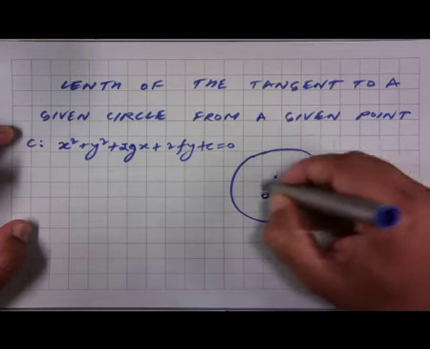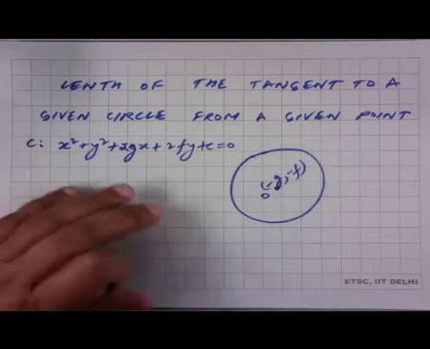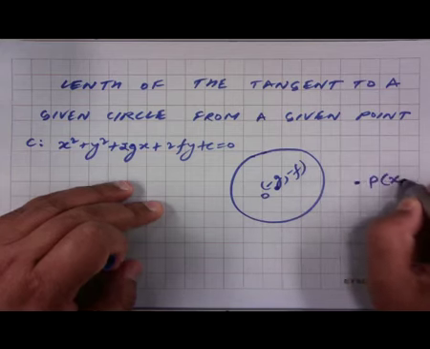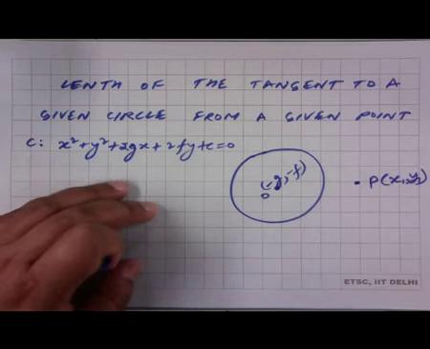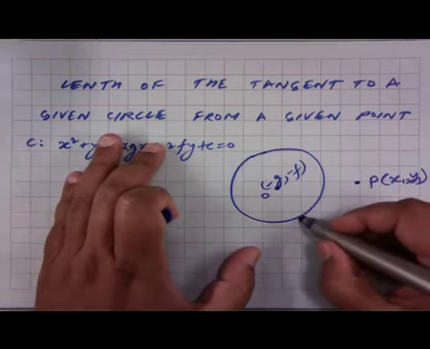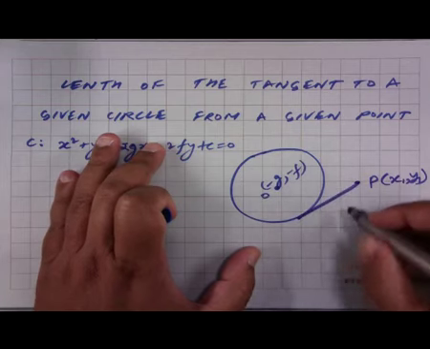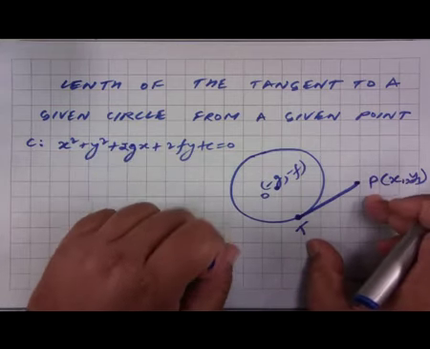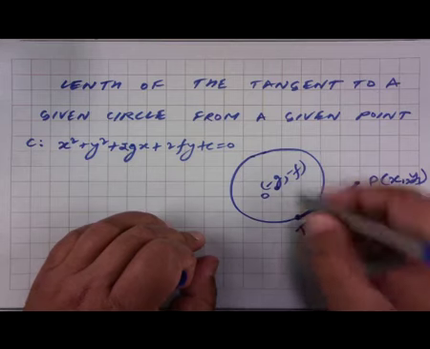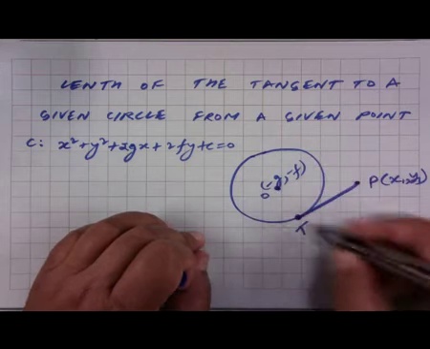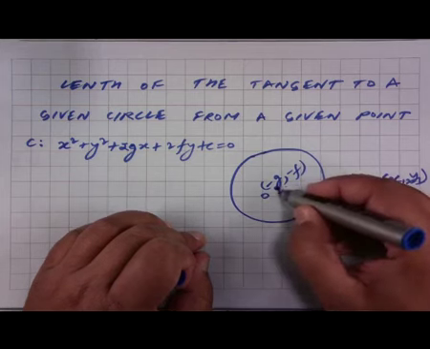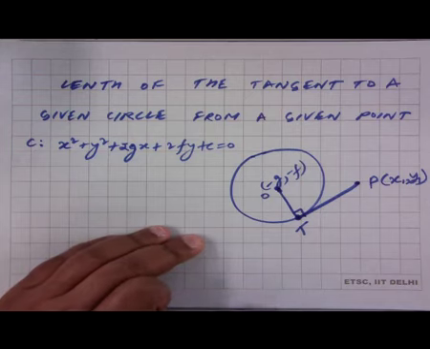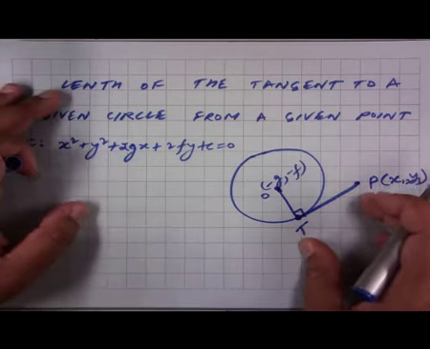And this is the center of the circle. And suppose we are given a point P having coordinates x1, y1, and then we are asked to find the length of this tangent PT, where PT is a tangent to this circle at this point T. So, clearly this is 90 degrees, and we are asked to find this length.